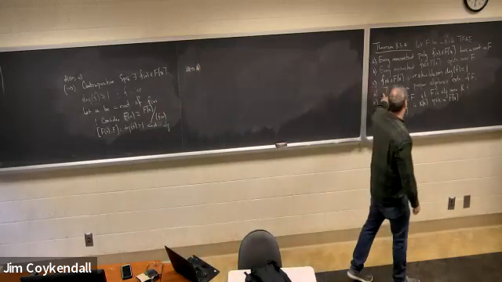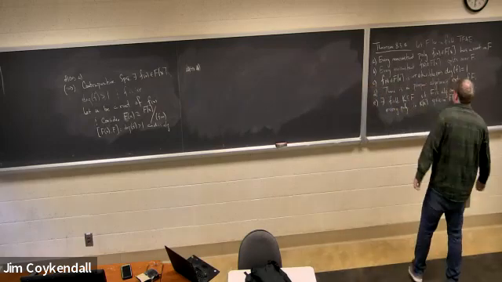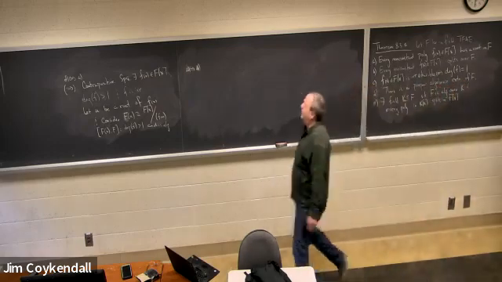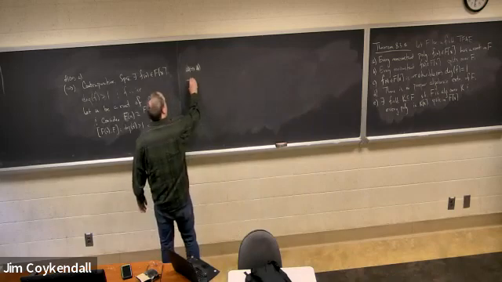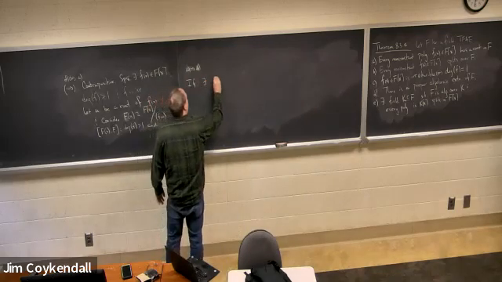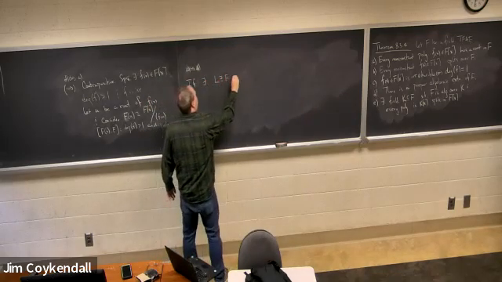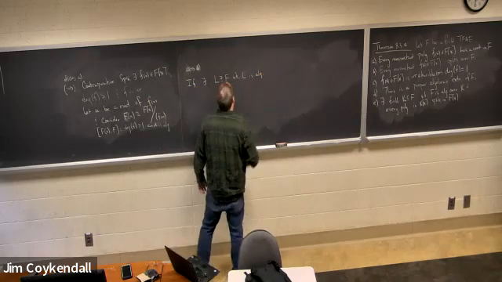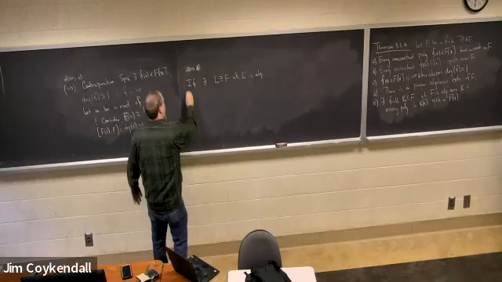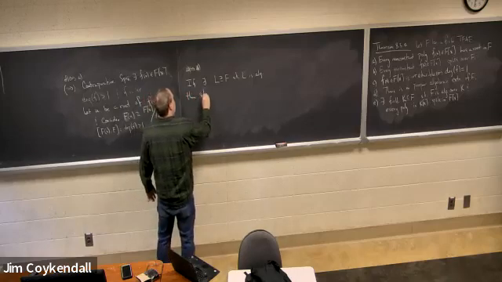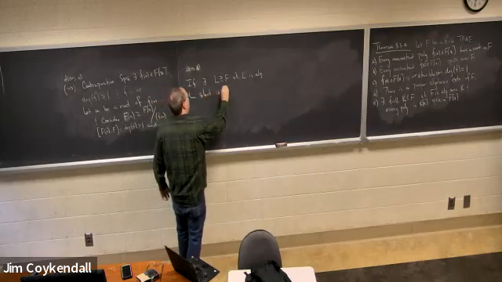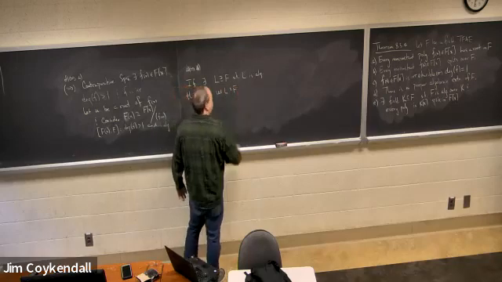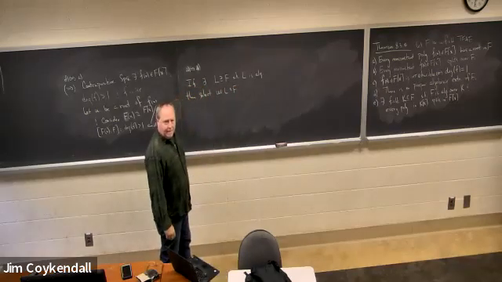Then we want to show that there's no proper algebraic extension. So if there is a proper algebraic extension, if there exists L containing F such that L is algebraic, then select U in L minus F.